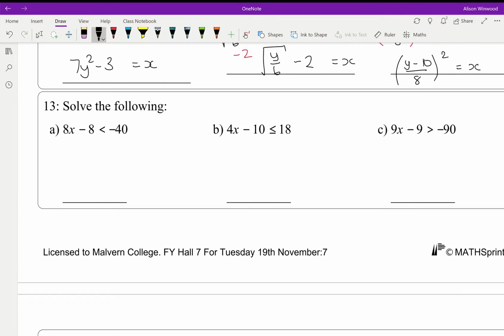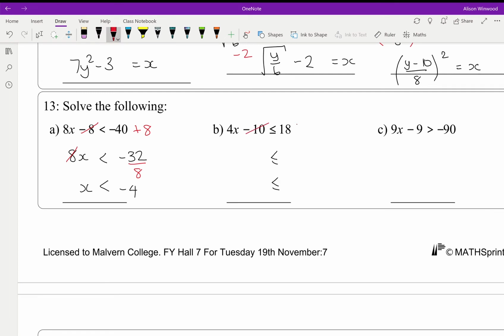Inequalities are more doing opposites, but we have the inequality signs. The opposite of subtract is to add. Opposite of multiply is divide. Keep the inequality sign.